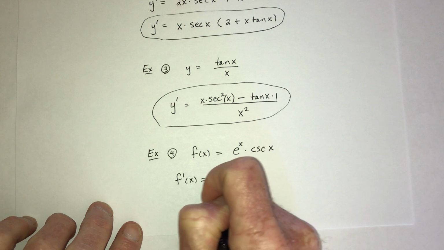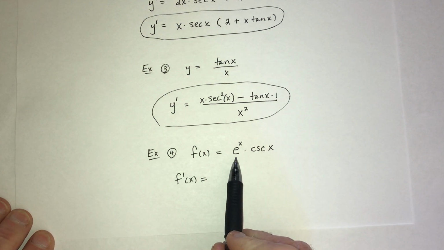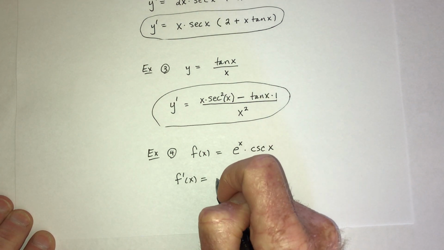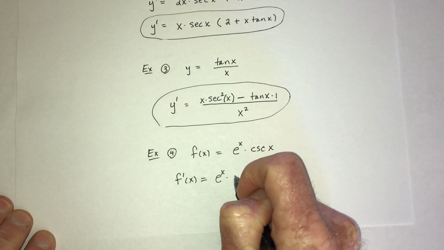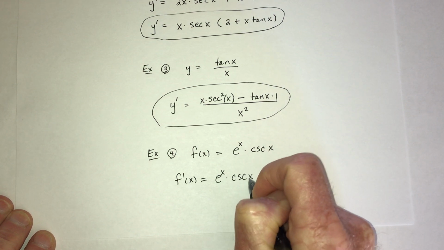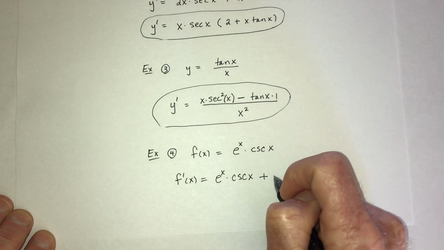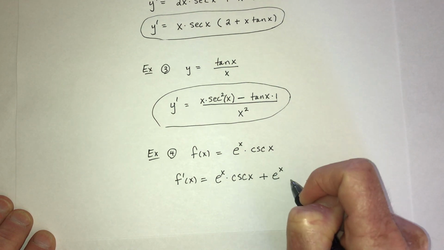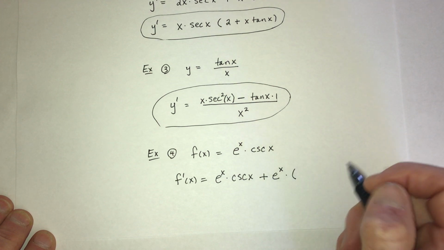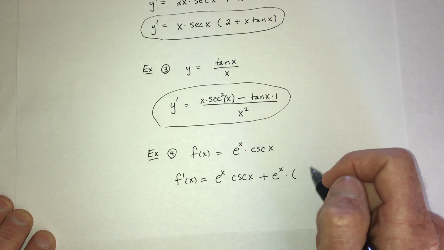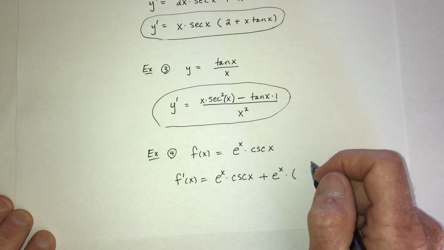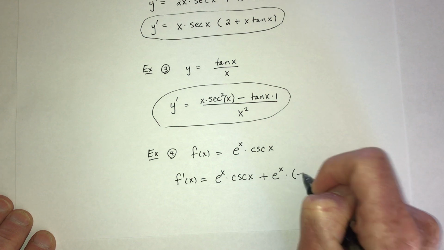So using the product rule, you take the derivative of the first one, and the derivative of e to the x is e to the x, and then leave cosecant alone. The product rule then goes plus. Now leave e to the x alone, and next we need the derivative of cosecant. Well, the derivative of cosecant is negative cosecant times cotangent.